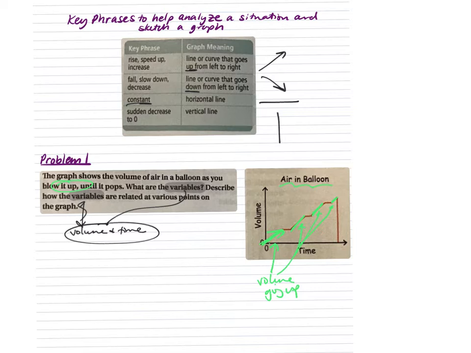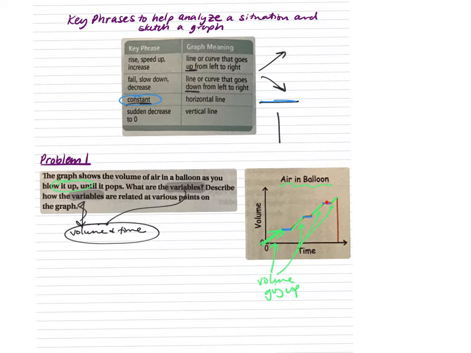But these flat parts, that is constant. So someone is blowing up a balloon, they take a break, but time still goes on, right? They're blowing it up, so the volume increases, they take a break.